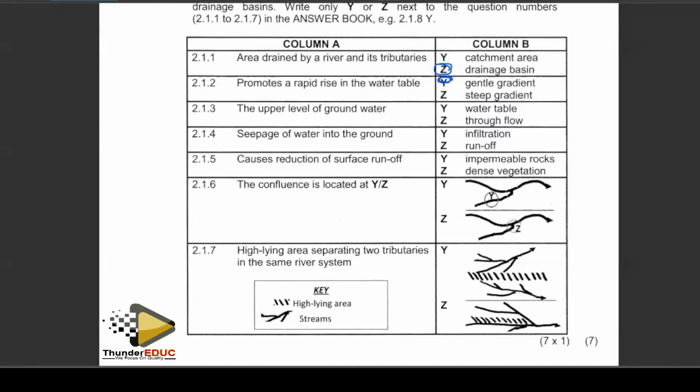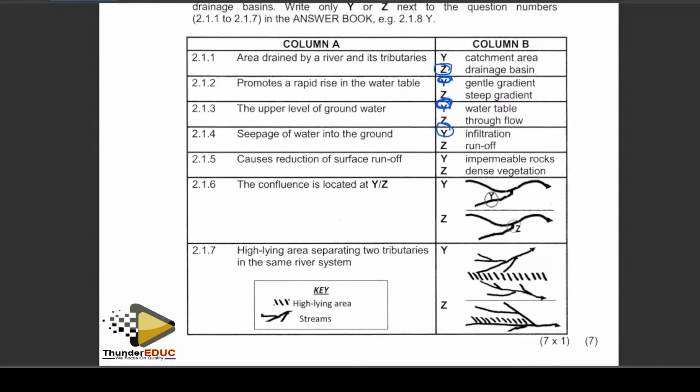A gentle gradient facilitates infiltration, which will add to groundwater storage, and the water table will rise. The upper level of groundwater, that is the water table, is the upper level of the zone of saturation. Then seepage of water into the ground is also Y, the correct response, infiltration.